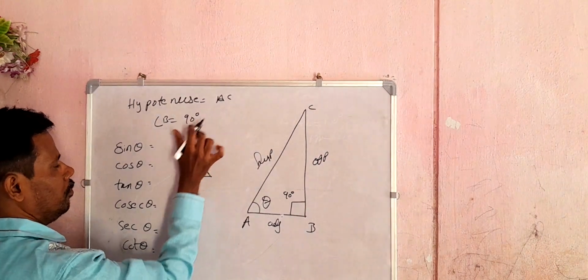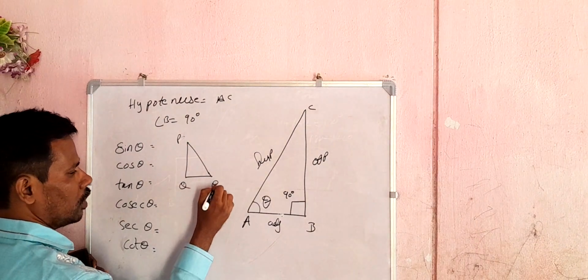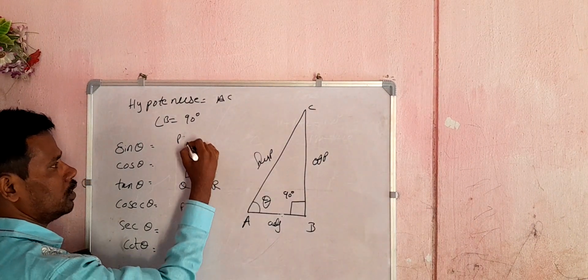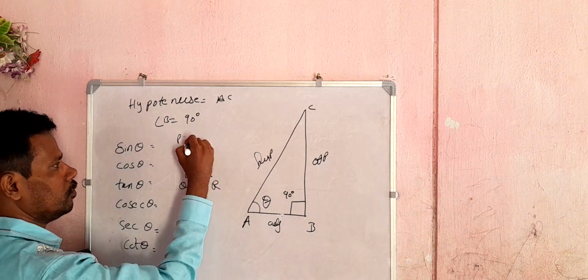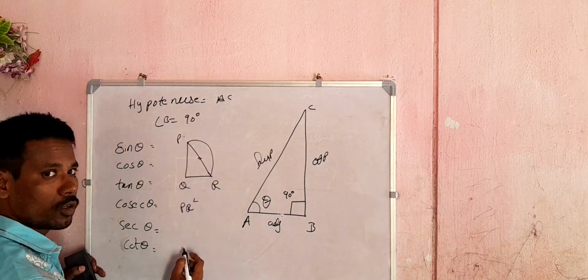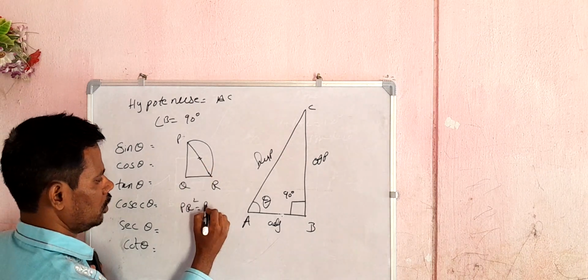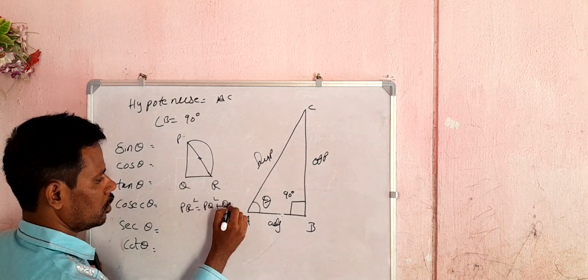Take triangle PQR. PR square, the square on the hypotenuse, is equal to the sum of the squares on the other two sides. That means PQ square plus QR square.